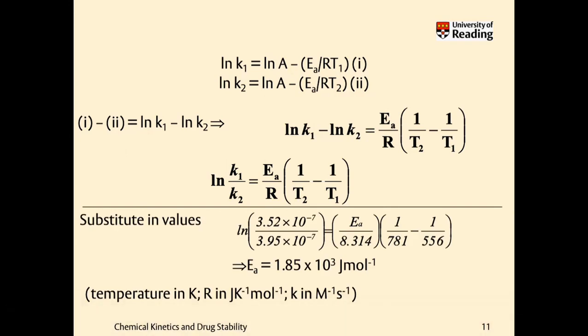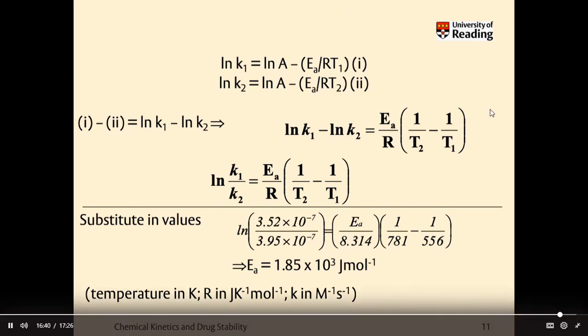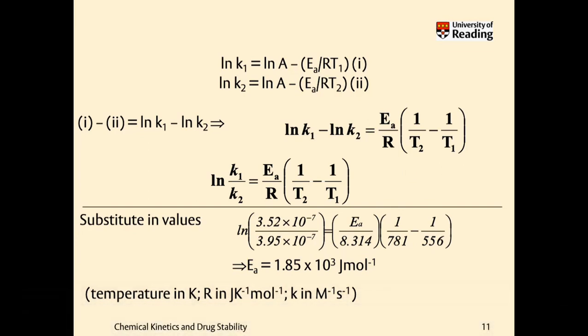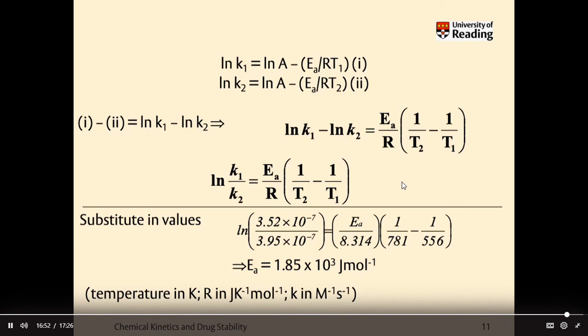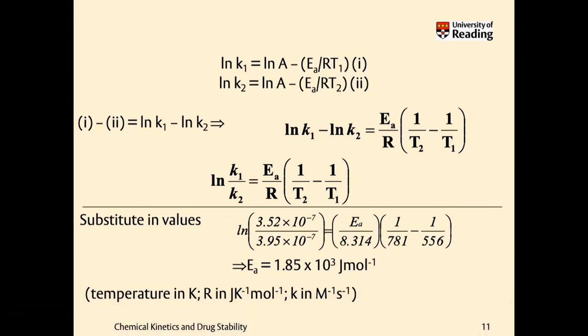So if you substitute those values into the equation, then you will get an activation energy that equals 1.85 times 10 to the 3 joules per mole for the activation energy. Now the temperature has to be in Kelvin, and you need to make sure your gas constant is in joules per Kelvin per mole.